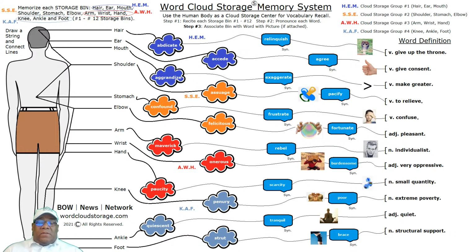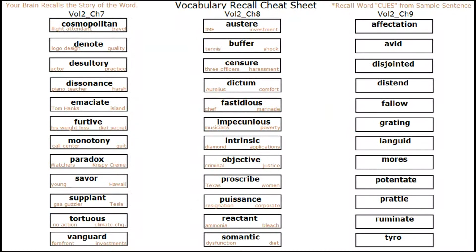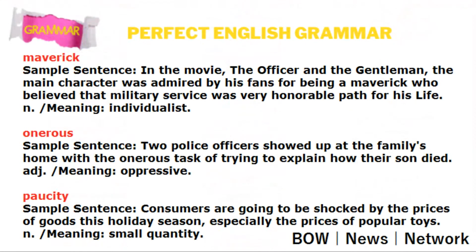And as always, let us go back to our vocabulary cheat sheet with our keywords from the sample sentence. So if you go back to the sample sentences that we used today, for preparation for these as a vocabulary recall cheat sheet, you could use for Honoris, police and explanation, for paucity, prices and toys.